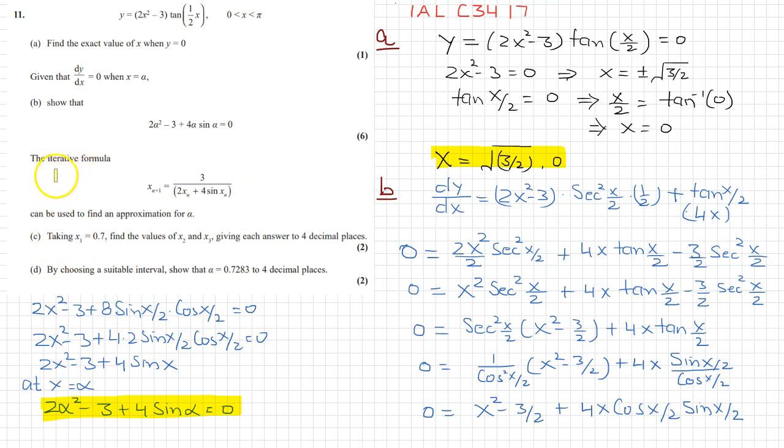Now the iteration formula can be used to find the approximation of alpha. Taking x1 as 0.7, find the value of x2 and x3.